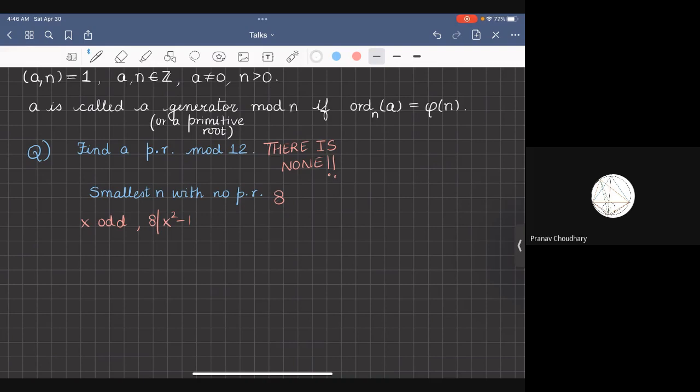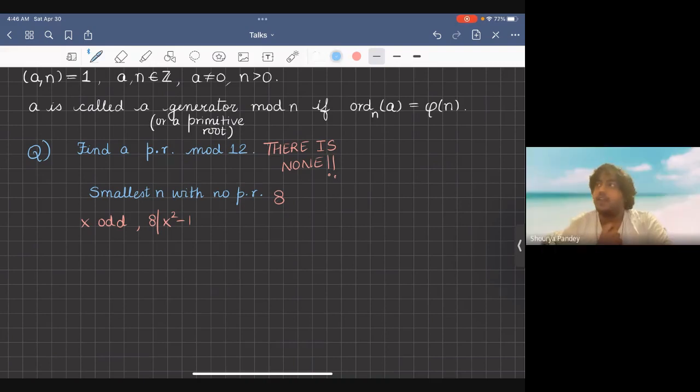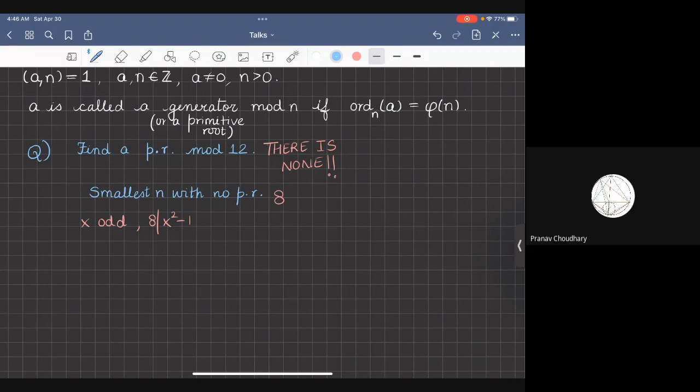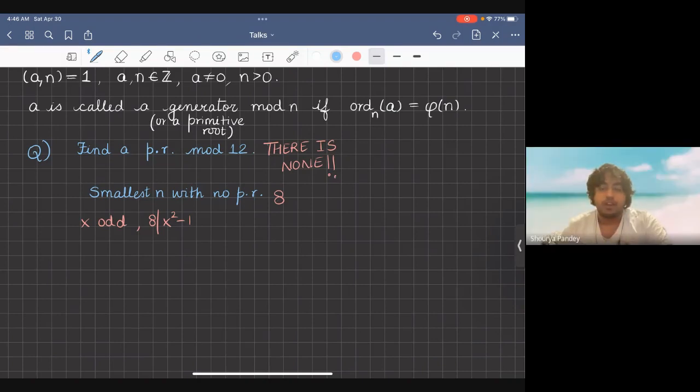Also, 6 doesn't have a primitive root. It does, right? 5 is a primitive root. Only 1 and 5 are co-prime to 6.